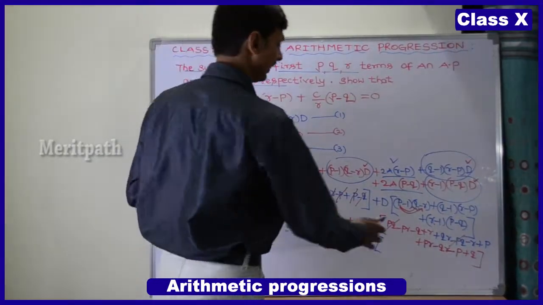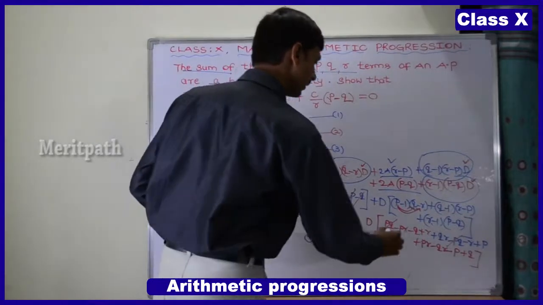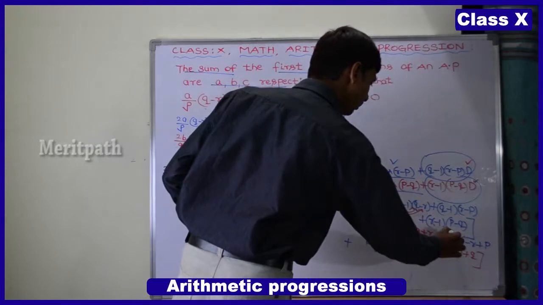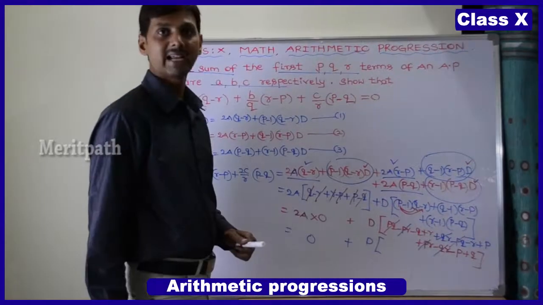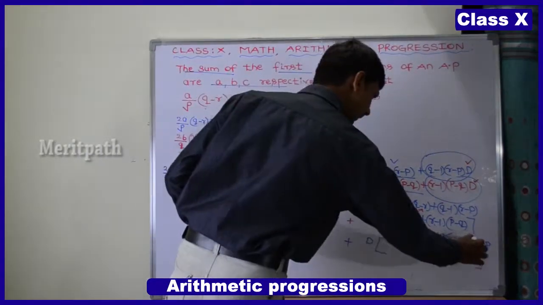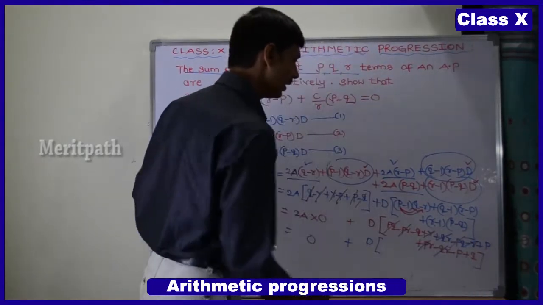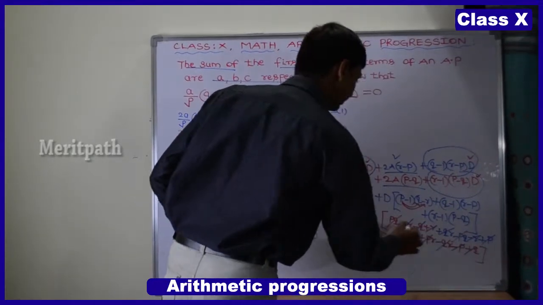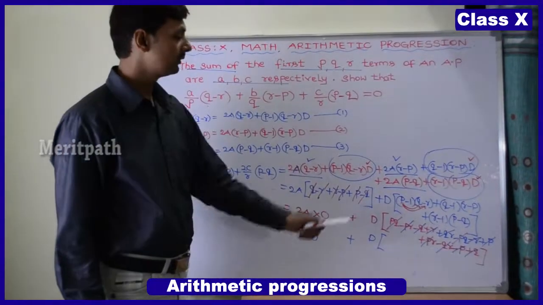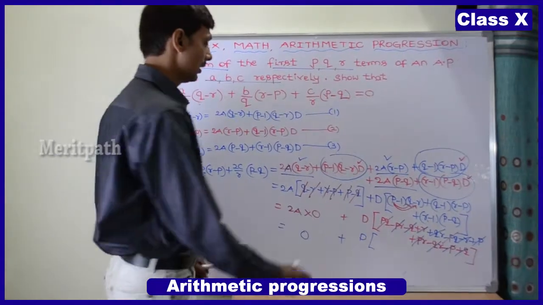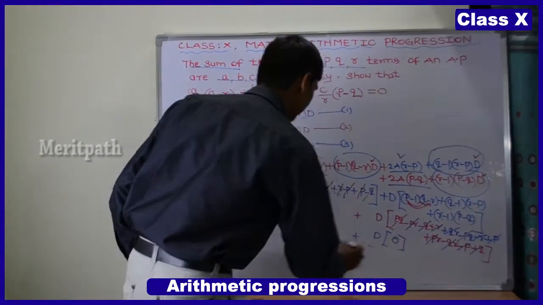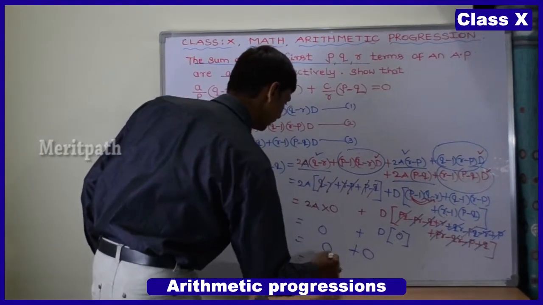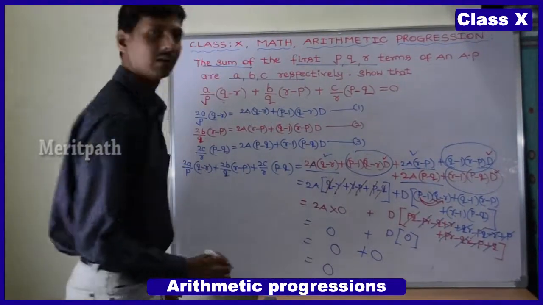We can cancel this pq and minus pq, and minus pr and plus pr, and plus qr and minus qr is cancelled, and also there is minus r plus r, and minus p plus p, and plus q and minus q. All the terms of this expression are cancelled, then we will be getting 0 here. So 0 plus D into 0 is nothing but 0. So here finally we got 0 on the right hand side.